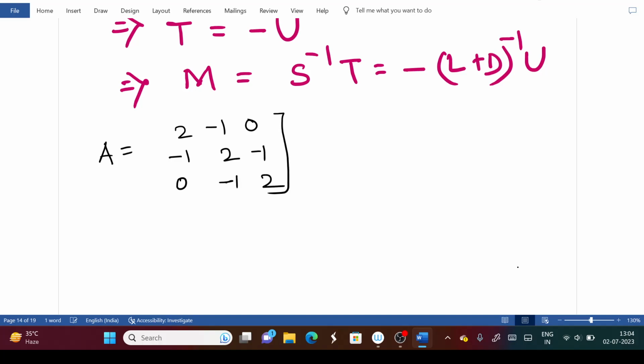This is my A. So clearly I can write it as L. When I am writing L, the diagonal elements and the elements above the diagonal, everything I will make 0.